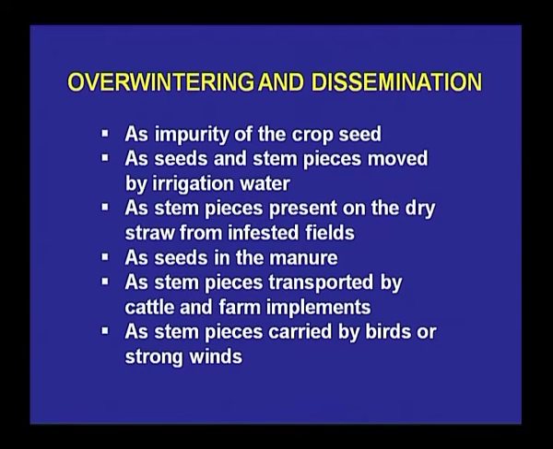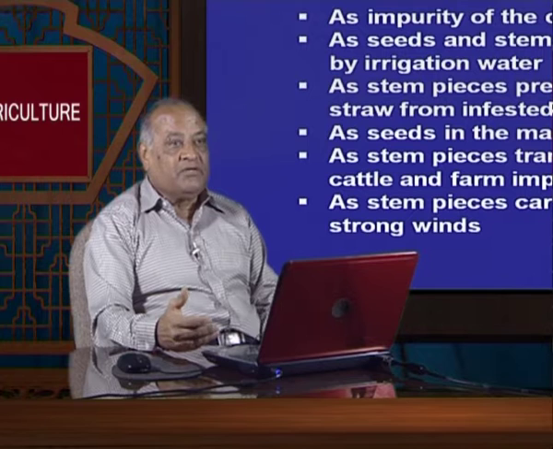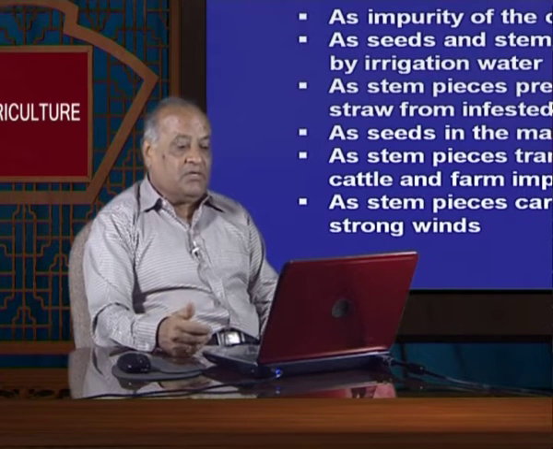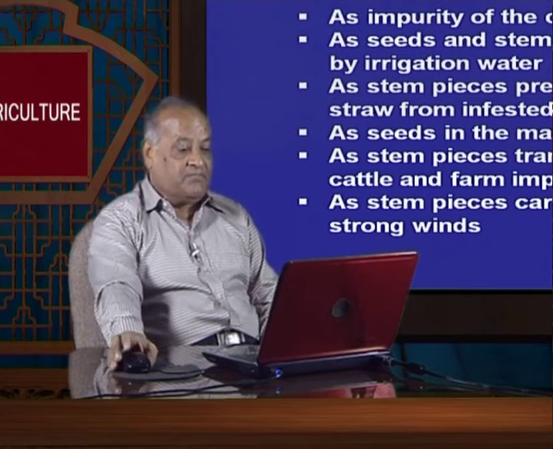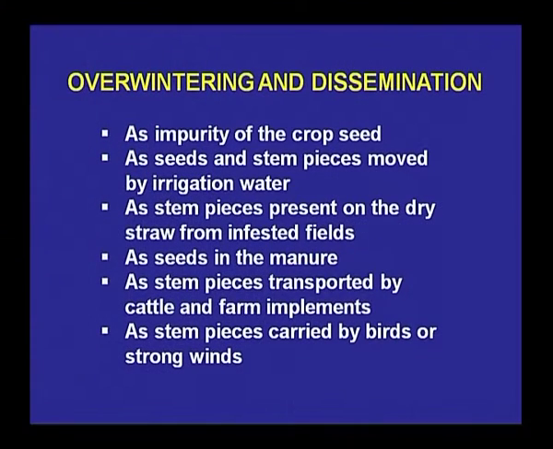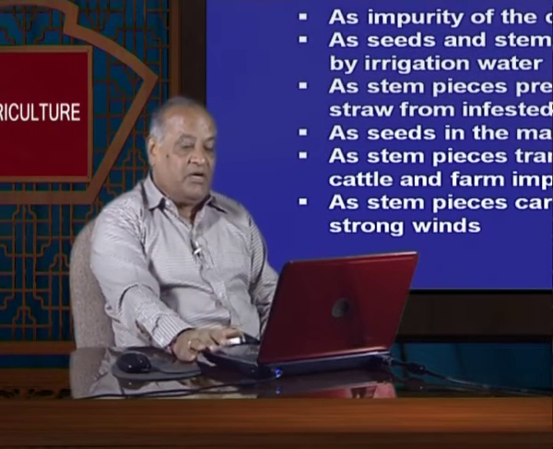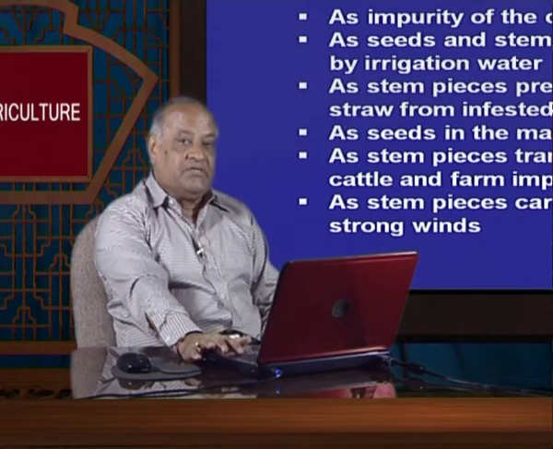Normally, farmers put manure in the farm, and this manure is totally infested with the seeds of these types of parasites. As stem pieces transported by cattle and farm implements, as stem pieces carried by birds or strong winds. Actually, birds and winds also help in disseminating the seeds of these parasites.